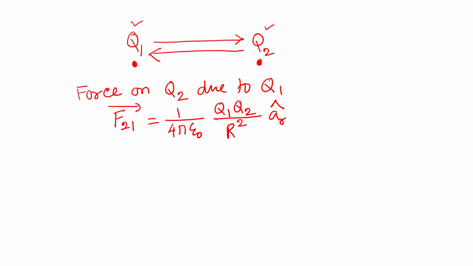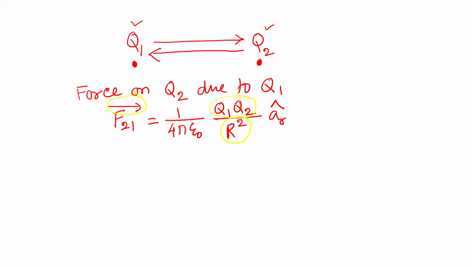First, we have to understand that this force is not a scalar quantity but a vector quantity, and that's why we are using the vector notation on top of F21. The next thing to be alert about is that this force is proportional to the multiplication of the charges Q1 and Q2, and inversely proportional to the square of the distance R. What is R?